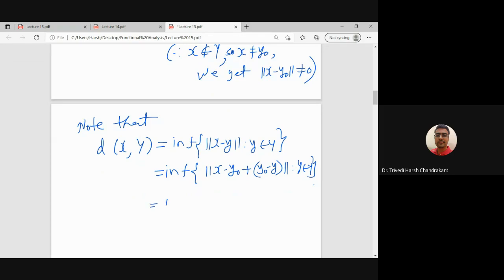Then we can rewrite this as the norm of x minus y naught, and so this element does not depend on y, but this element depends on y. So instead of writing y naught minus y, we can write it as plus y dash, where y dash belongs to Y.